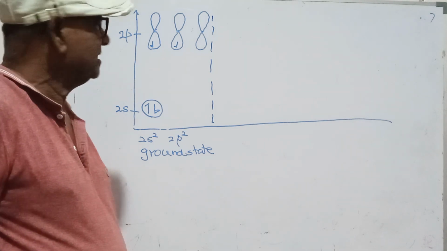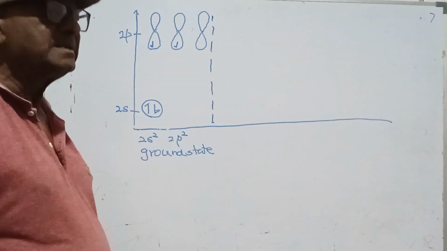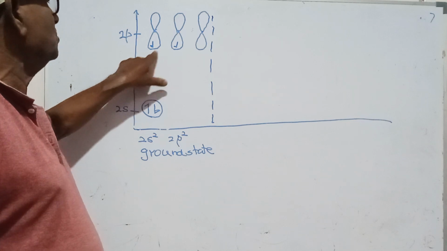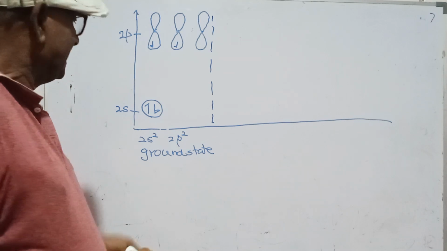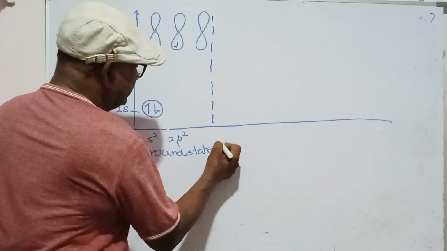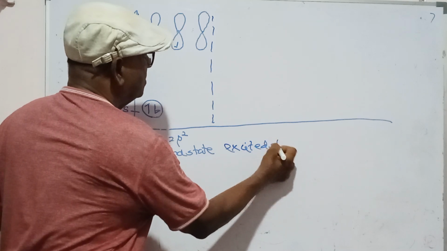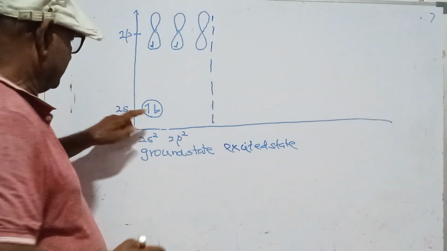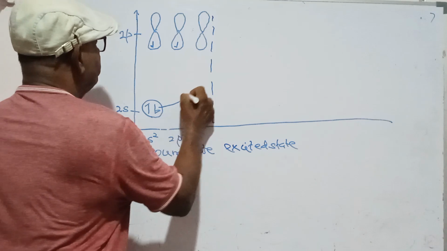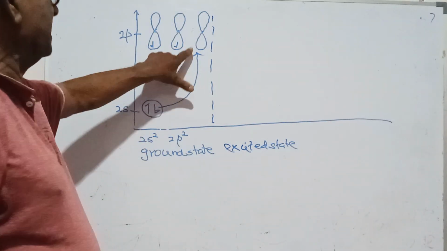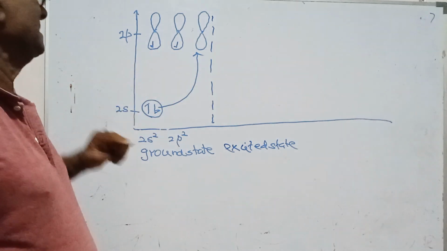I explained that this configuration is unable to form four covalent bonds because it has only two electrons for the sharing procedure. Then it becomes the excited state. How? One electron of the 2s orbital is transferred to the empty dumbbell-shaped p orbital.